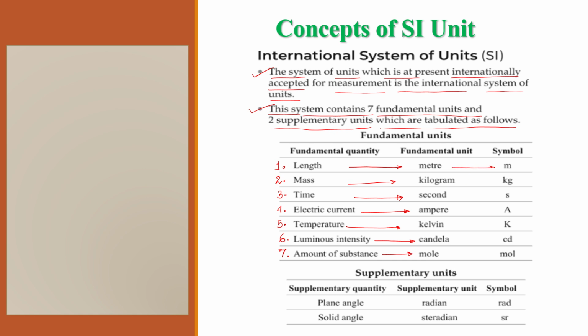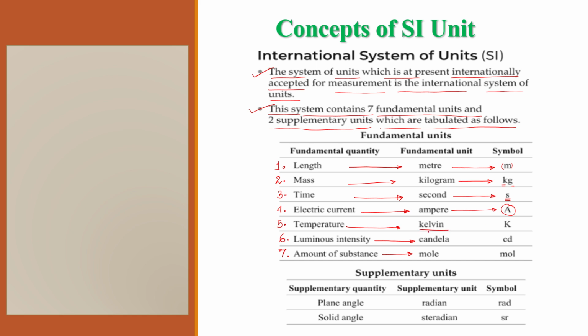Meter is represented with the symbol of small m. Kilogram is represented with small k and small g. Second is represented with a small letter s, but current ampere is represented with a capital A, as it is taken from the name of a scientist.